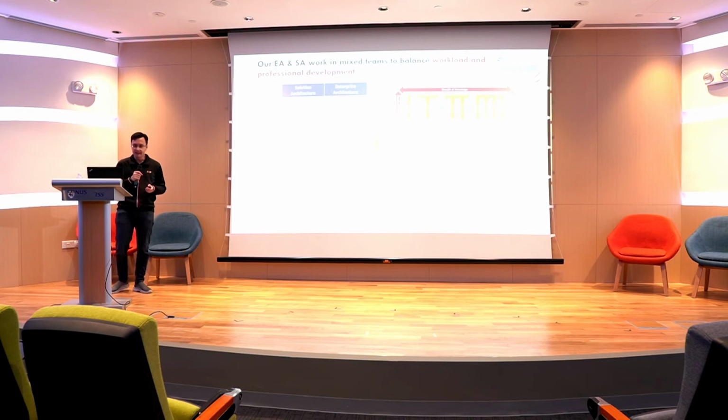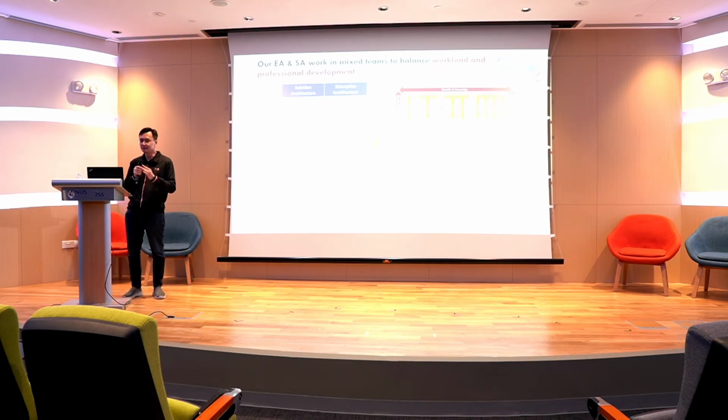Okay, this slide is actually talking about EA and SA: the enterprise architect and the solution architect. How do these two groups of architects work? You need to know that the enterprise architect needs to have breadth of knowledge, because the enterprise architect is in charge of the architecture at the enterprise level.